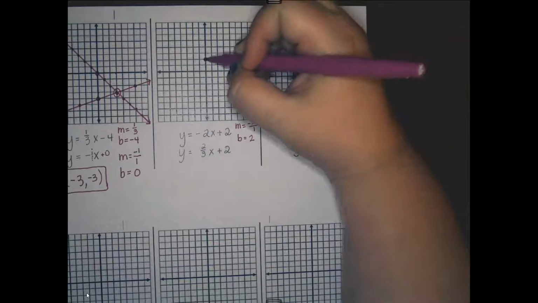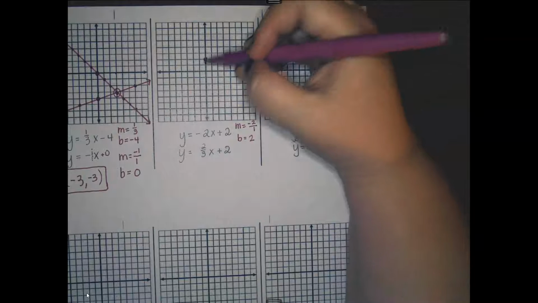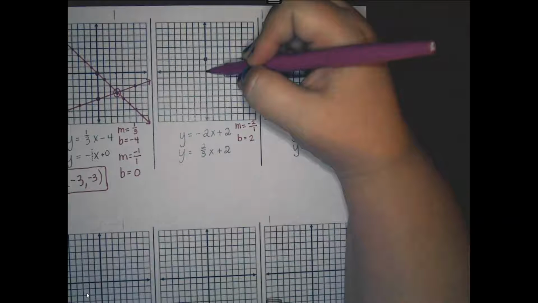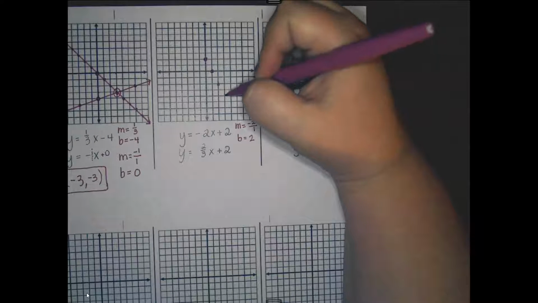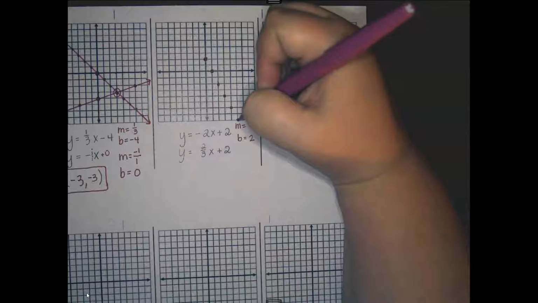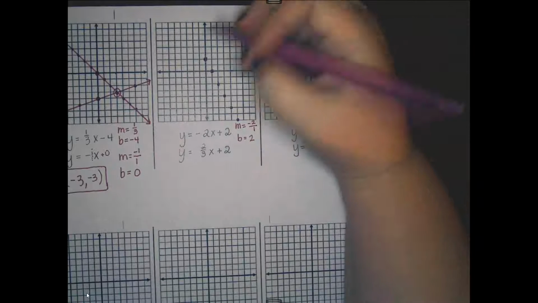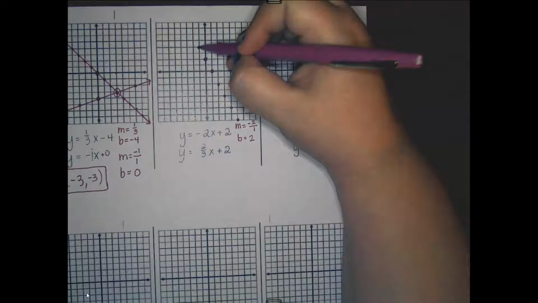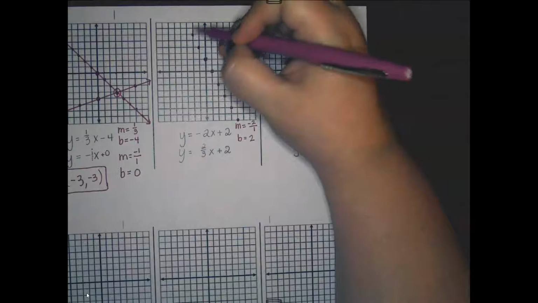Okay, so I'm going to put my dot at my 2. That's where I begin. My movement, -2, tells me to go down, and that 1 tells me to go to the right. So down 2, right 1. The opposite of down 2 is up 2, and the opposite of right is left. So I'm going to go up 2, left 1 to get my reverse points.